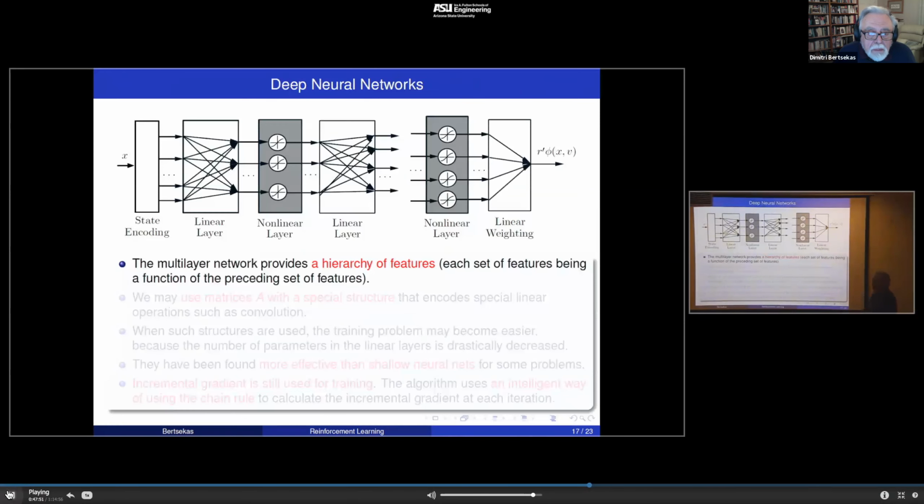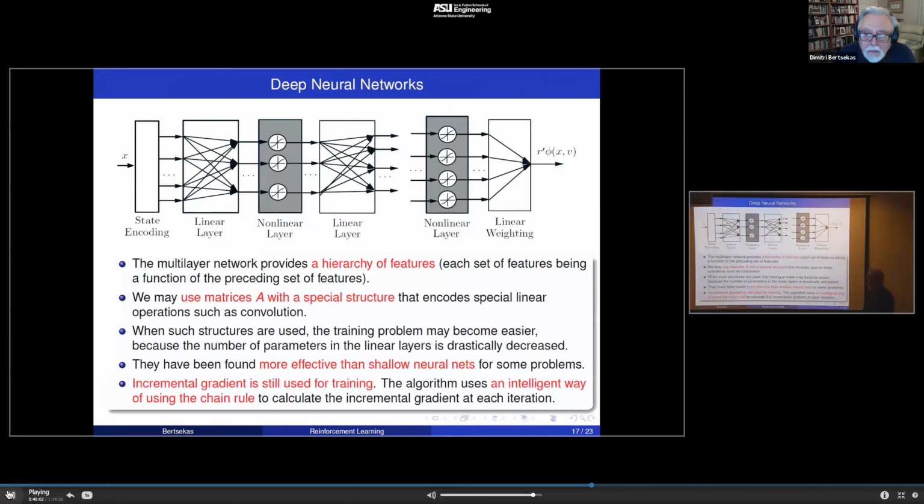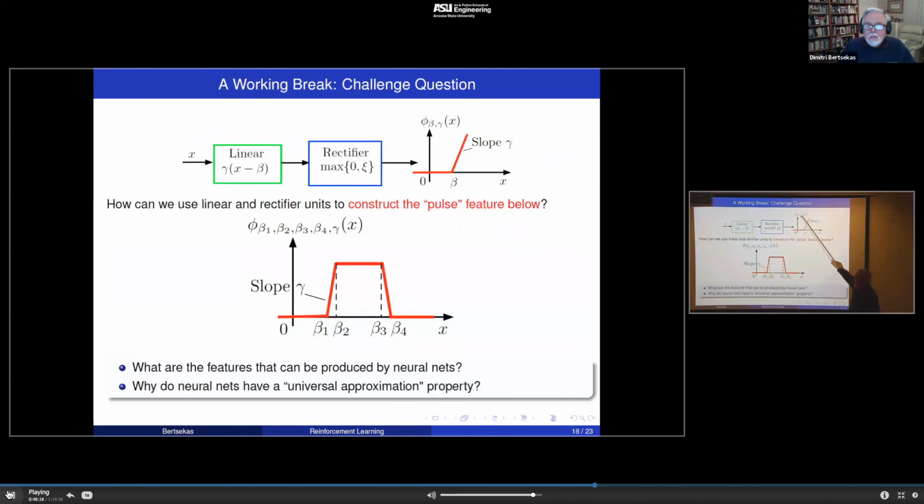And there are deep versions for which also the universal approximation property holds. But why is it that neural networks have this capability? Why is it that by stacking up a lot of parameters, you can approximate any function that you might be interested in? So my challenge question to you is this, okay?